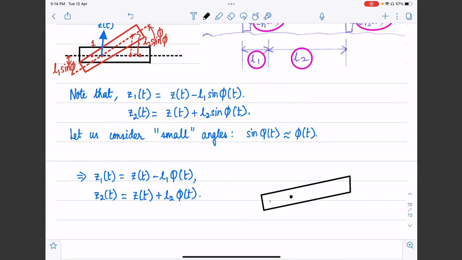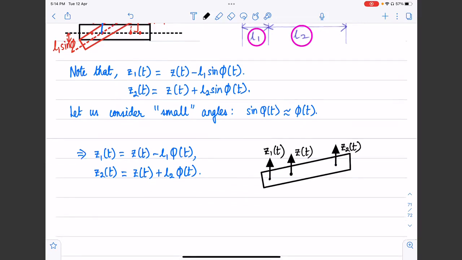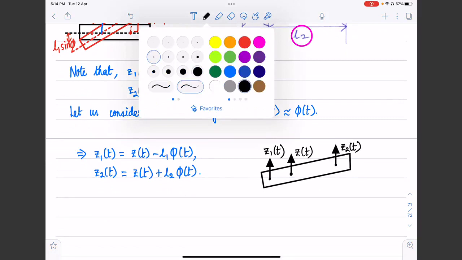So consequently, let us say this is the center of mass where the upward displacement is z of t. This is point 1, which is at the front where the displacement is z1 of t. This is at point 2 where the displacement is going to be z2 of t. Okay. Now, we need to draw the free body diagram, right?